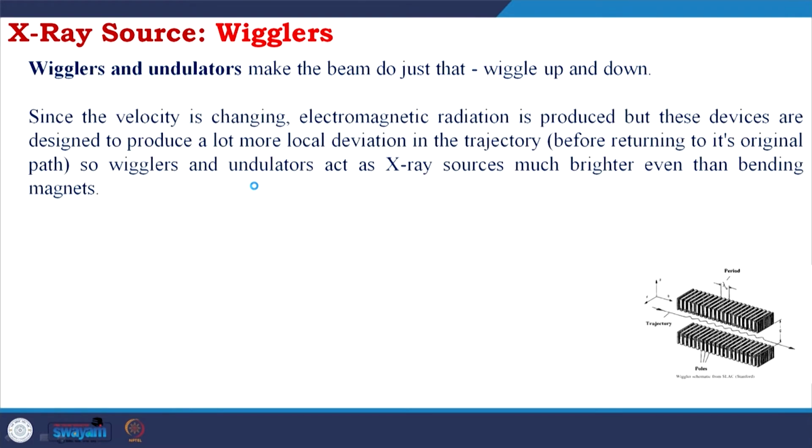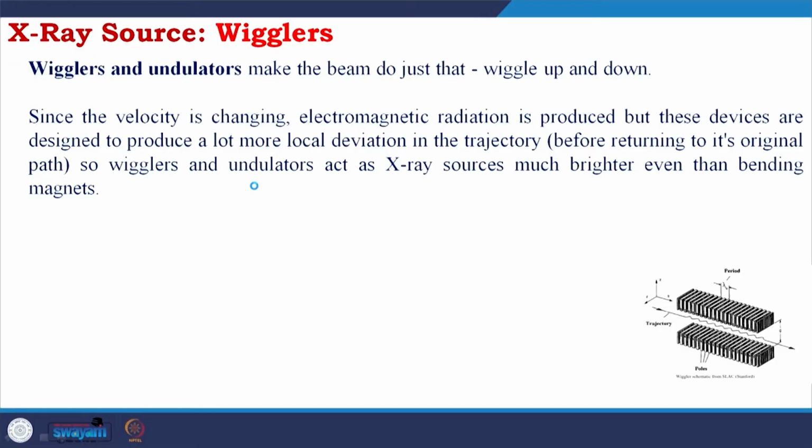What they do, here in the bending magnet, the velocity is changing, electromagnetic radiation is produced, but these devices are designed to produce a lot more local deviation in the trajectory before returning to its original path. So, as it is called a wiggler, it does what the word means, it wiggles up and down.